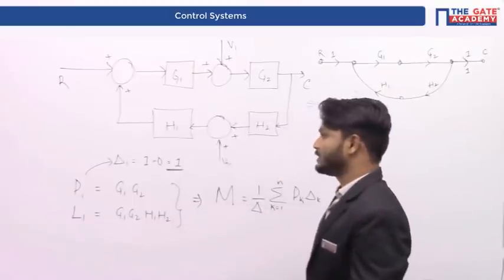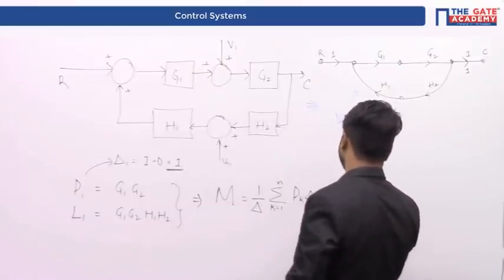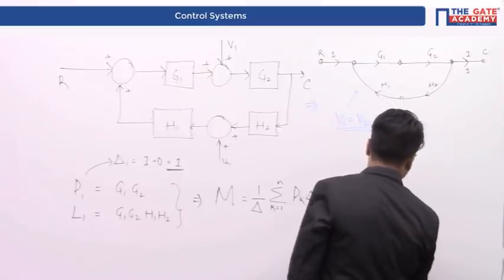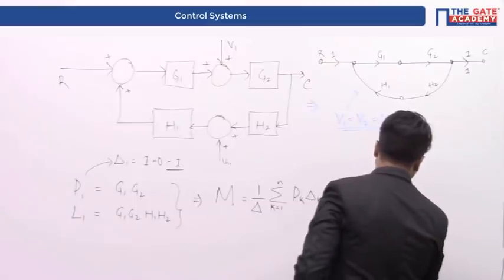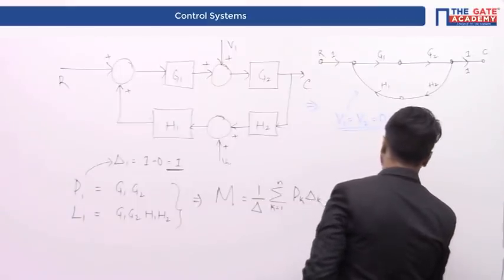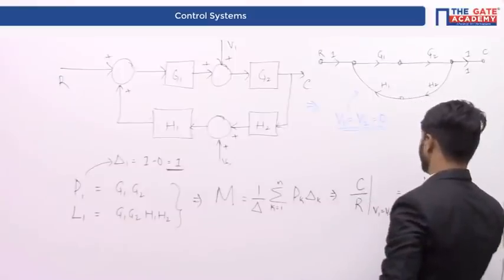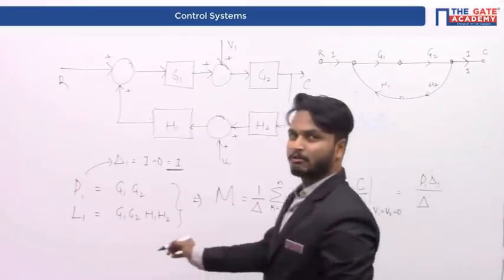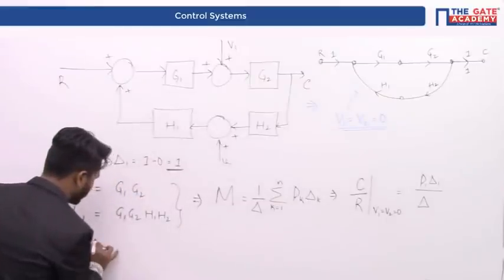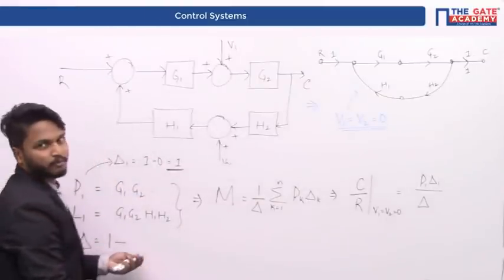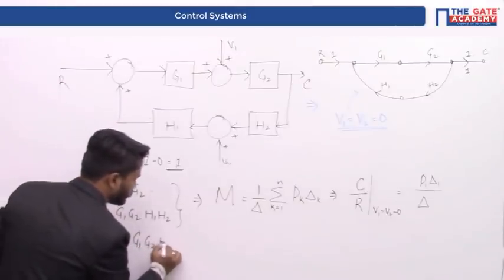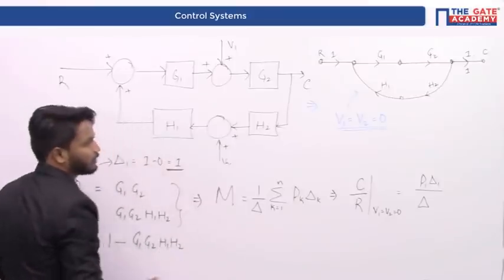Therefore, put it in this formula, the overall transfer function, that is C upon R, when V1 is equal to V2 is equal to 0, is equal to P1 delta 1 by delta. Let us calculate delta here. Delta is equal to 1 minus summation of all individual loop gains, that is G1, G2, H1, H2.